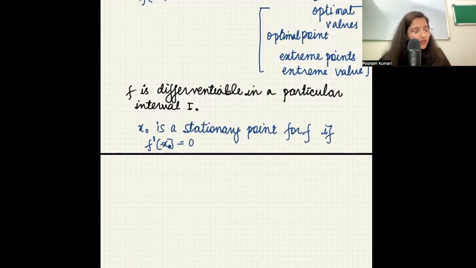So what is a stationary point? This is basically the definition of a stationary point. A stationary point is basically a point where your derivative value is 0.